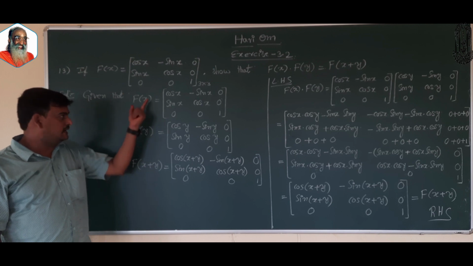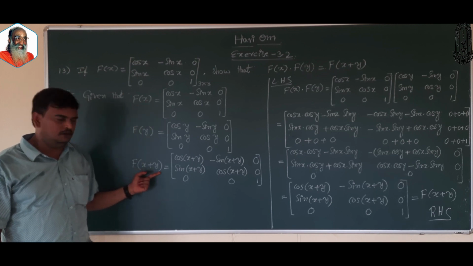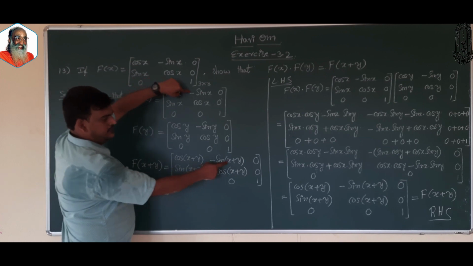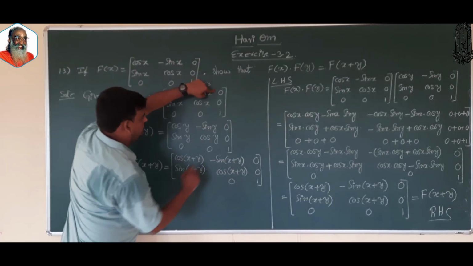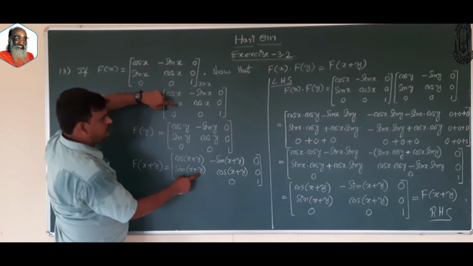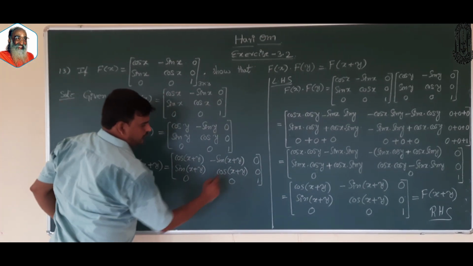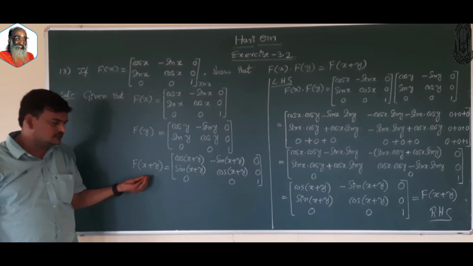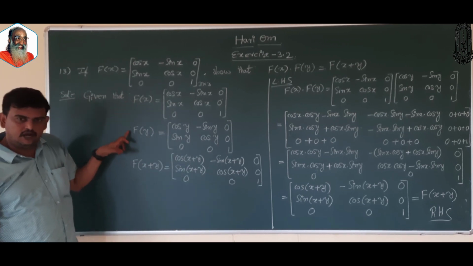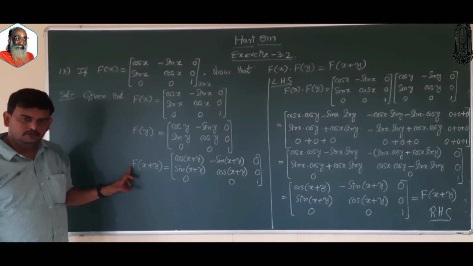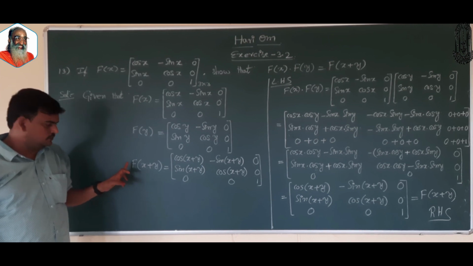When we replace x value as x plus y, what we are getting? Cos x plus y minus sin x plus y 0, sin x plus y cos x plus y 0 and 0, 0, 1. So our final answer by multiplying f of x and f of y should be this. This we have to get.